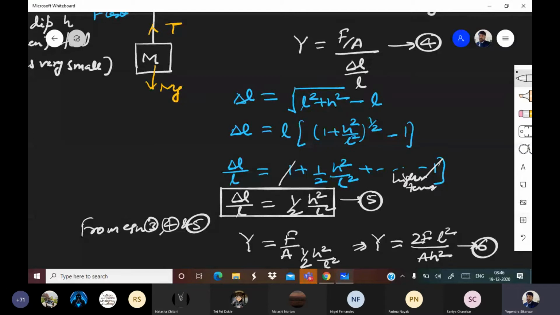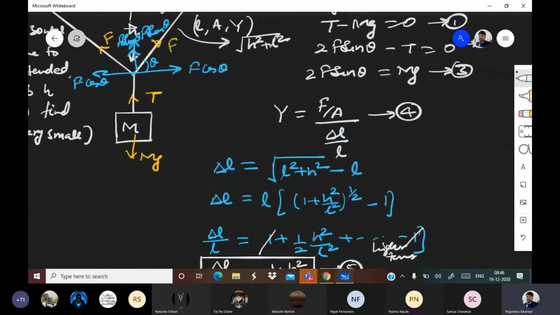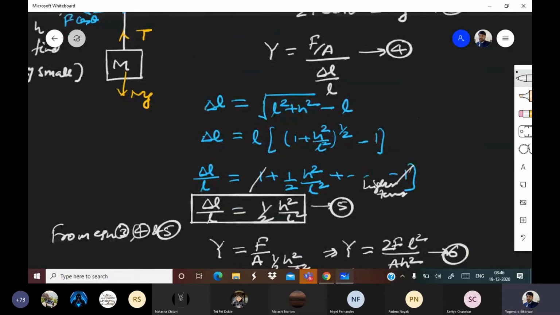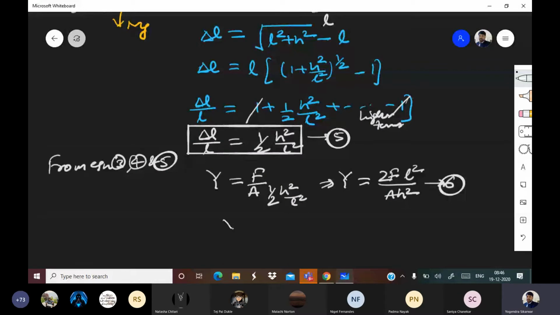Now what I'm going to do is put the value of F. If you see, 2F sin theta is equal to mg, so F is equal to mg upon 2 sin theta. Yes or no? So Y is equal to 2, this F will be mg upon 2 sin theta, into L square upon A h square.